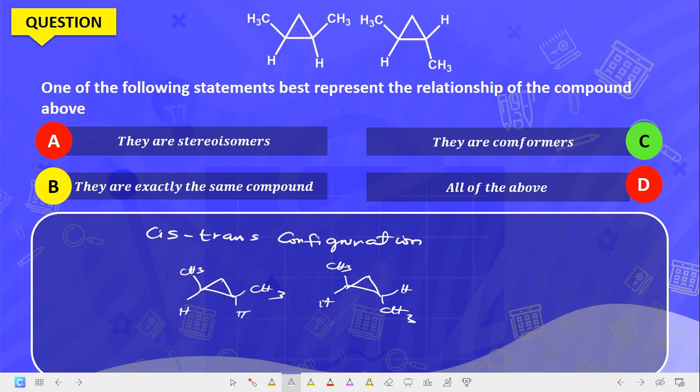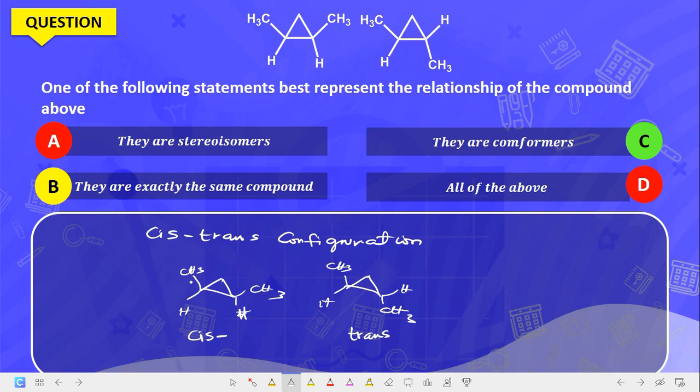Now, what is the name of these compounds? If you look at this one very well, you discover that the two hydrogen groups are on one side. When the two hydrogen groups are on one side, you call it cis. When the two hydrogen groups are on opposite sides, what do you call them? Trans. So this one is the cis compound and this one is the trans compound.